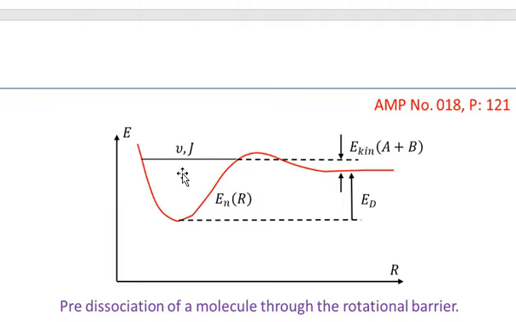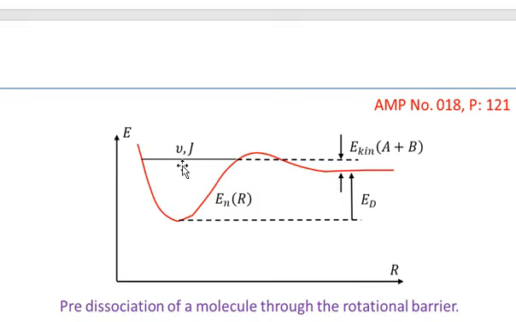So if our level is lying below the centrifugal potential barrier, then of course the molecule with the vibrational level V would even be in a stable state, although the level exists beyond the value of the dissociation energy of the molecule. But if the molecule is in this state, it has to overcome this centrifugal potential in order for the molecule to be disintegrated.